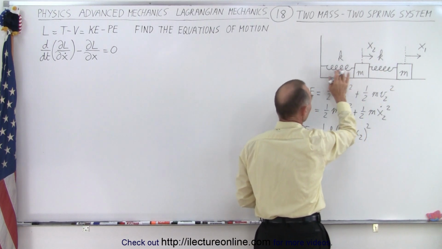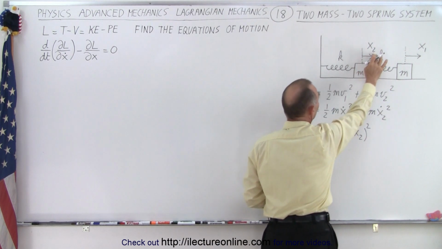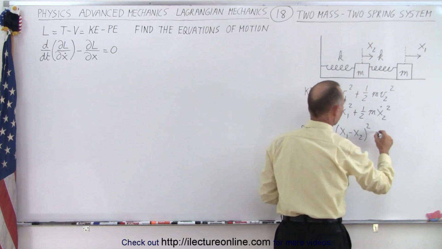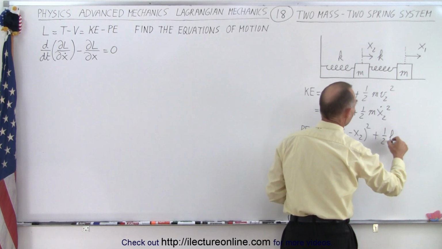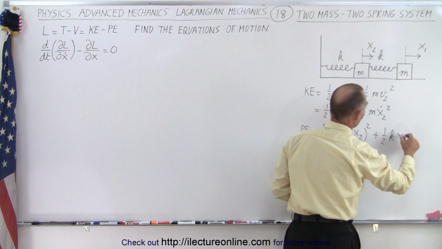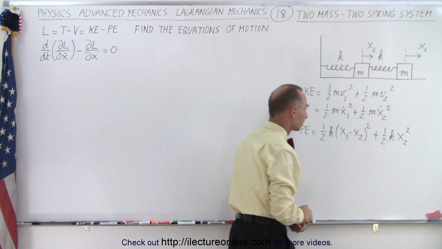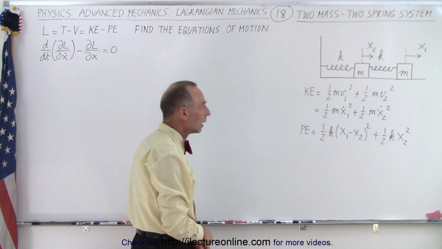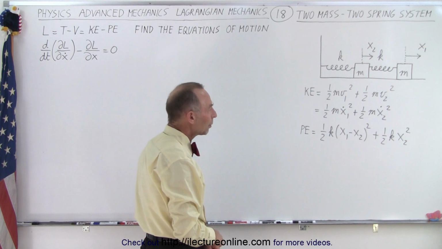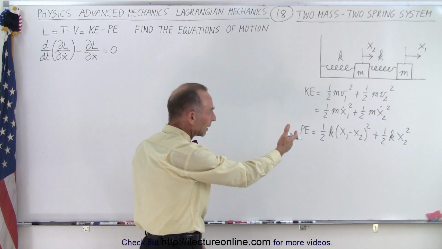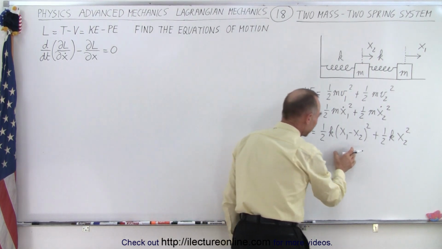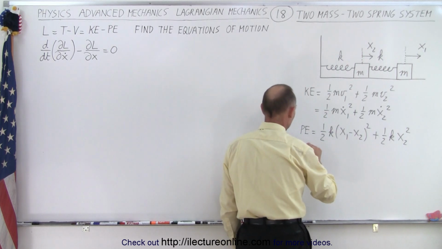Now for this spring, it's only going to be the elongation of this spring caused by this one right here. So that's going to be plus 1/2 k x2 squared. What we could do in this case is multiply this one out. If you want, we can leave it like that and multiply it out. So let's multiply it out and see what it looks like.